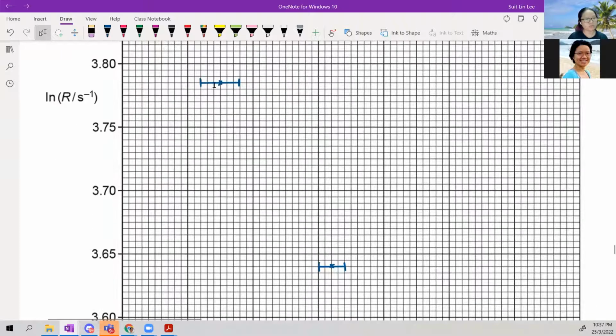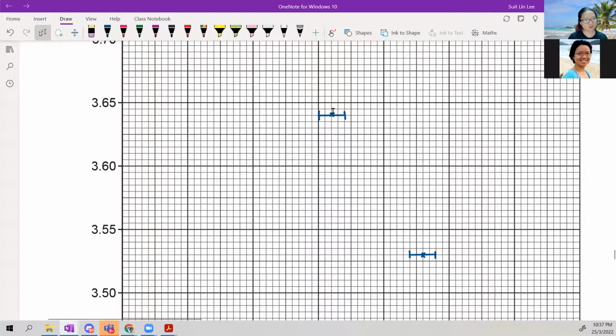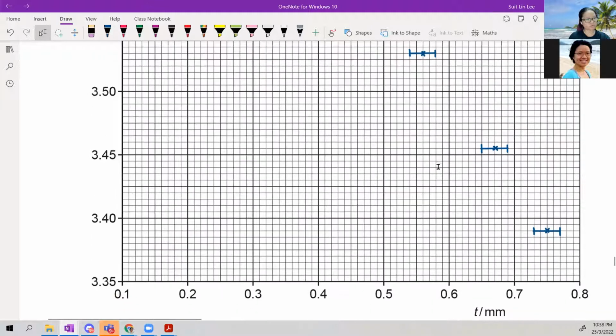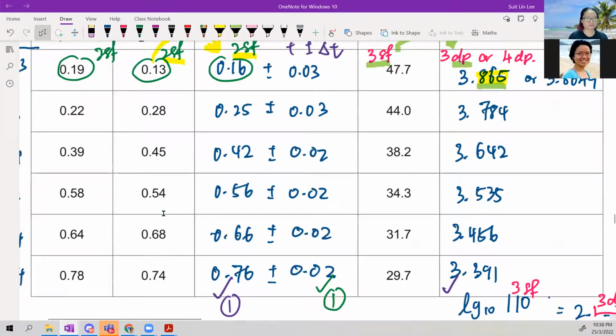So you can see I have plotted it all at the corners. I round everything. Like 3.456, I round to 3.455, because 3.455 is closer than 3.46. Let me see.